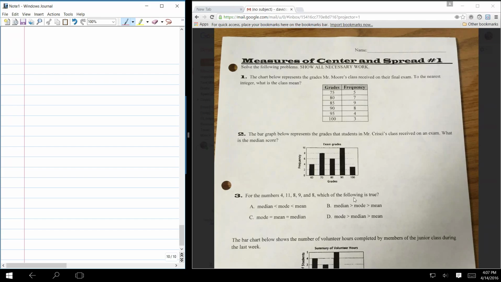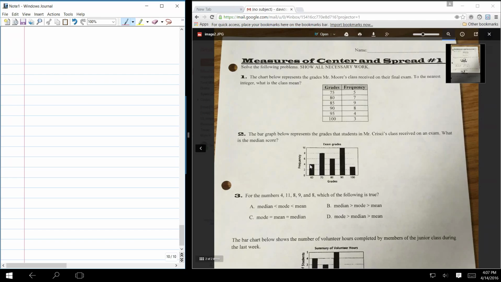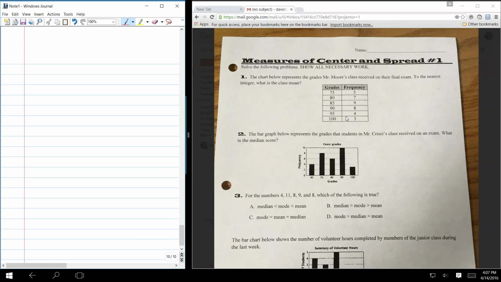They're saying that there were 4 60s, there were 8 70s, there were 6 80s, there were 10 90s, and there were 3 perfect hundreds. So I could take this bar graph and turn it into this table just as easily. They both are giving pretty much the same kinds of information.